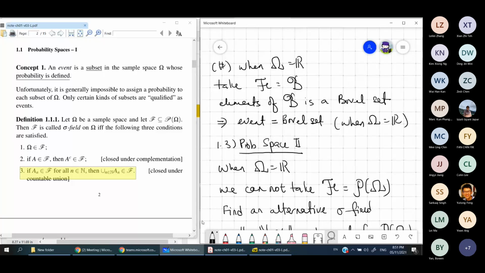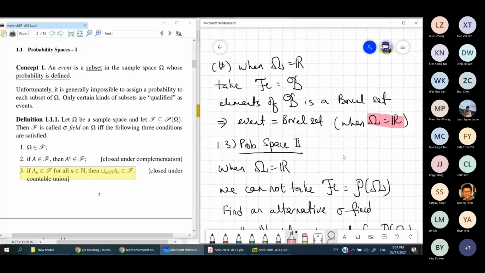We don't have to verify this, because we have said that this B is a sigma field generated by all those open-close intervals, so automatically it must be a sigma field. So elements of script B are Borel sets. This is a synonym for saying that a Borel set is an event in this case when omega is R. All right.